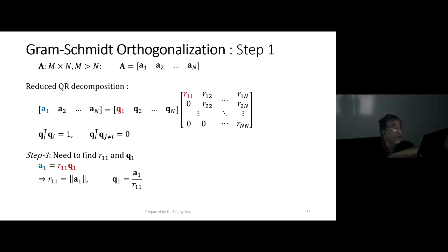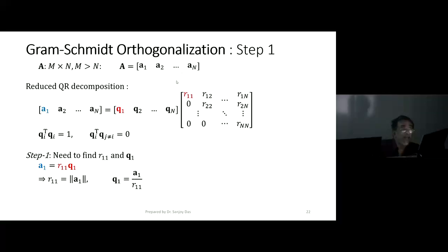A1 should be equal to Q1 times R11, or A1 equals R11 times Q1. Knowing that Q1 is a unit vector, what will be the length of A1? It will be R11, correct? So R11 is simply the length of A1. And Q1 is a unit vector in the direction of A1, right? So how do we find Q1?